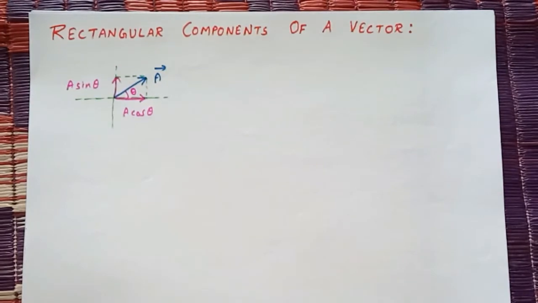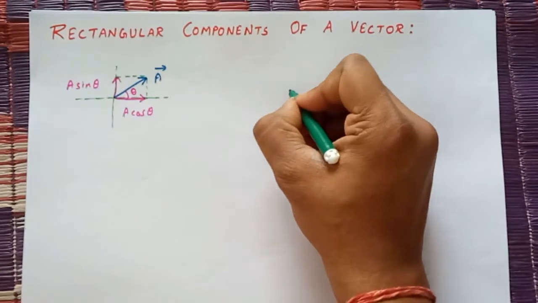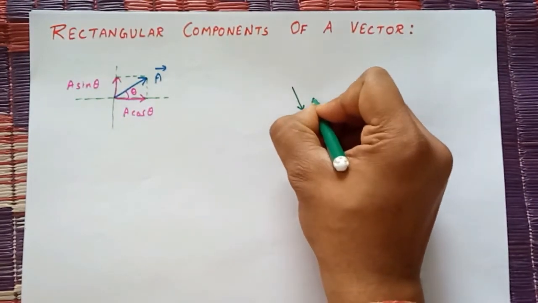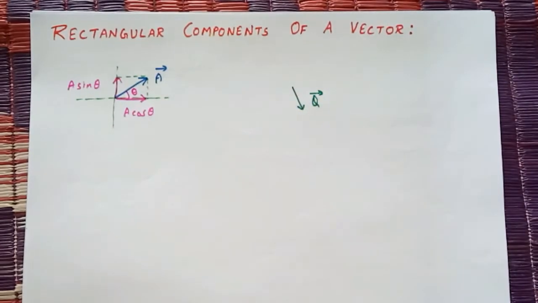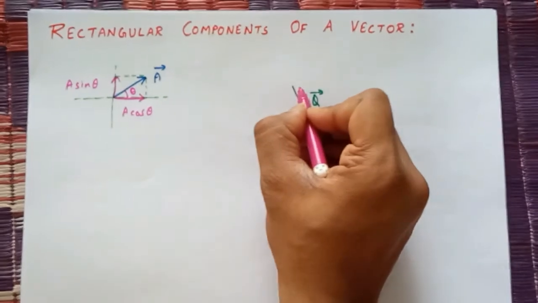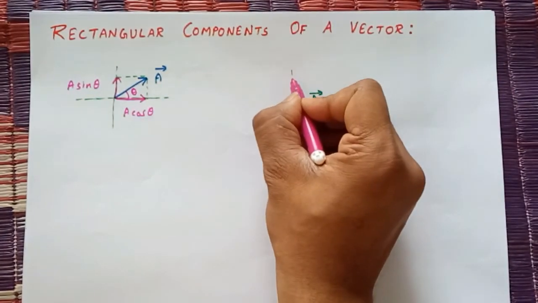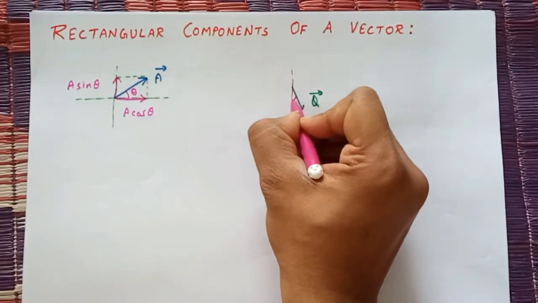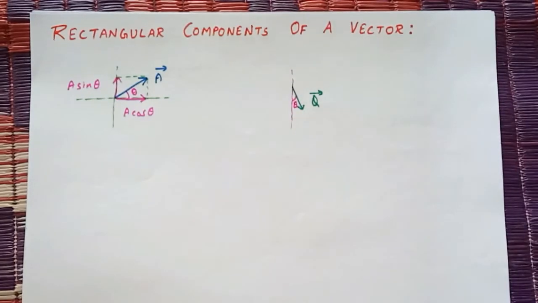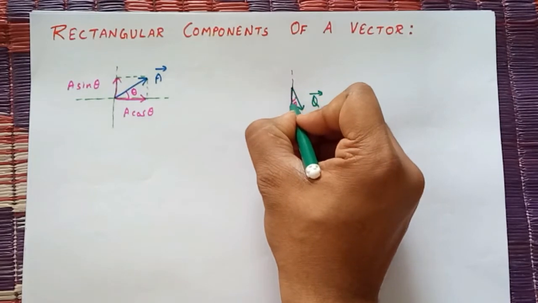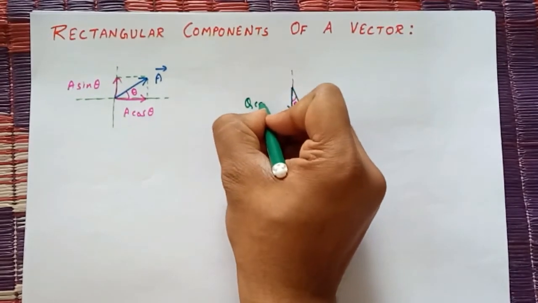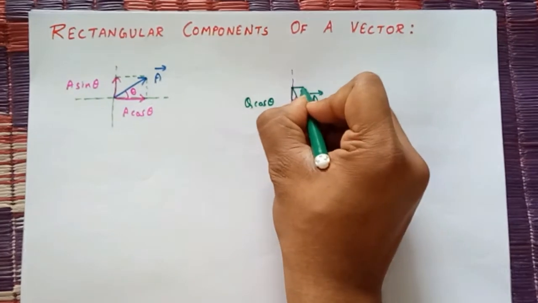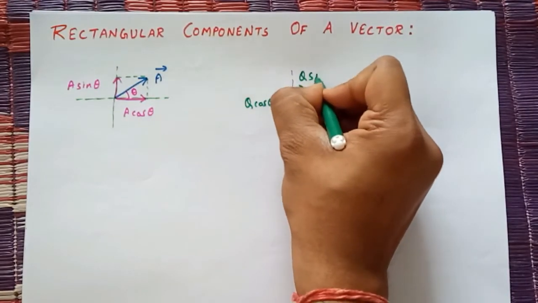Means if a Q vector is given here, where will its components be? If this one is the vertical line and this angle is theta, then in this direction this one will be Q cos theta and this one will be Q sin theta.